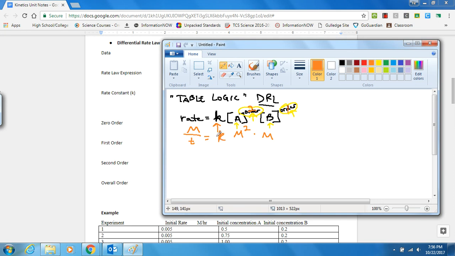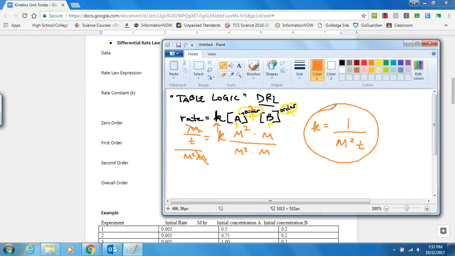Now, to solve for k, do you see how I'm going to be dividing by those molarities? So what's going to happen is one of these molarities is going to be eliminated. And this is always what happens for k. One of these molarities that you see is going to be eliminated. So my units for k, in this case, would be 1 over molarity to the second times whatever time you're working with.